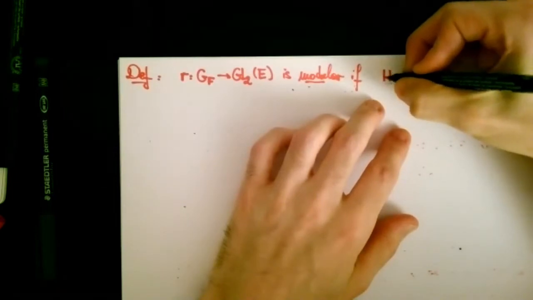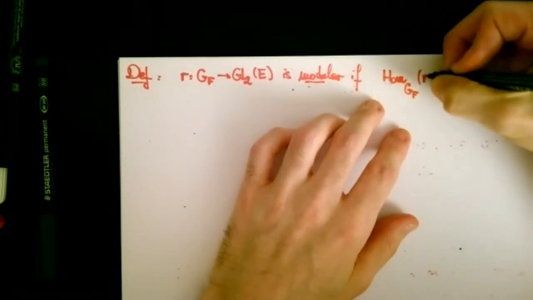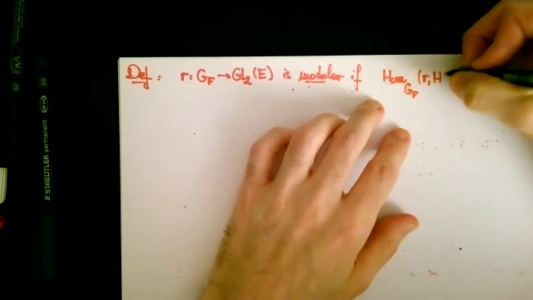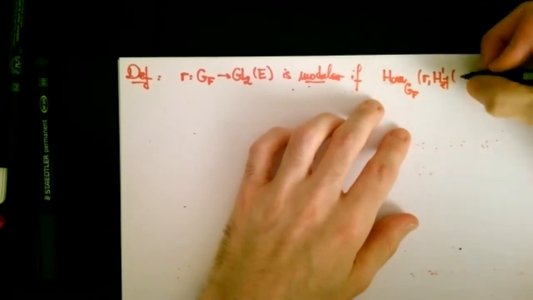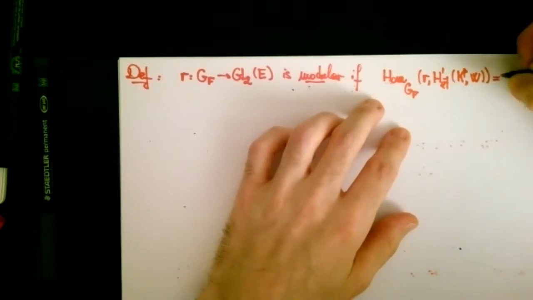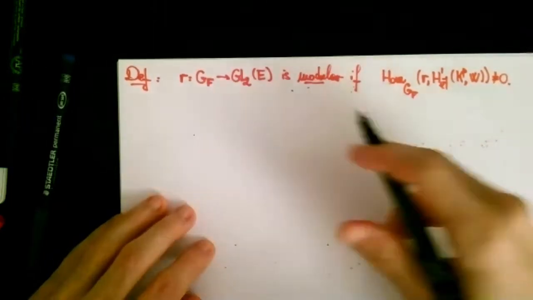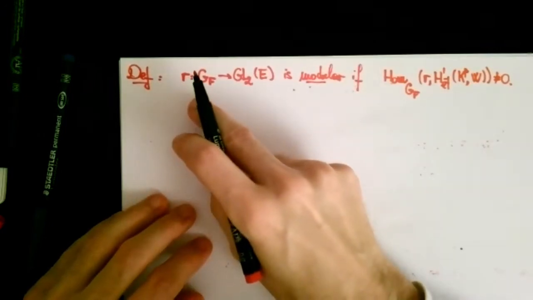If the GF-equivariant Hom of R to H1 et al K upper P W is different from zero. This implies that R is ramified almost everywhere.